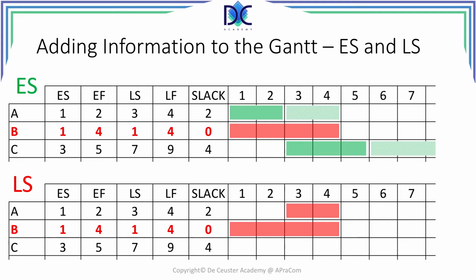For B, it doesn't change because we have no flexibility. We cannot move the activity into the slack. And for C, we have a late start and late finish from period 7, and of course we are limited here to period 7.